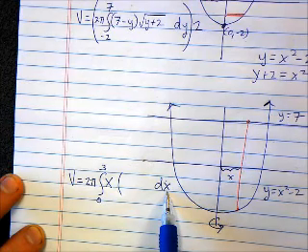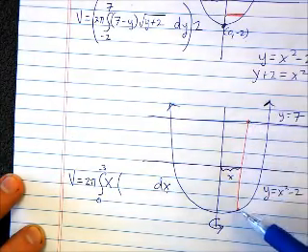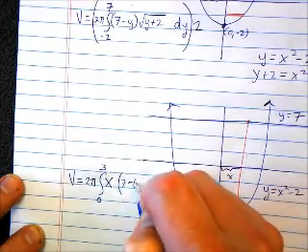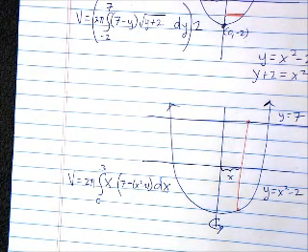We're doing dx. Top minus bottom. So it's 7 minus x squared minus 2. Questions on that?